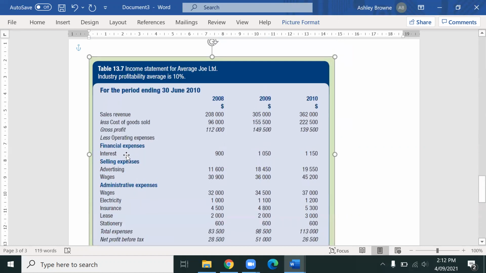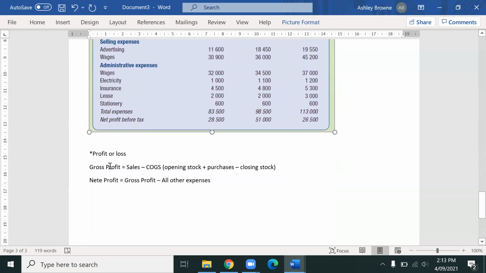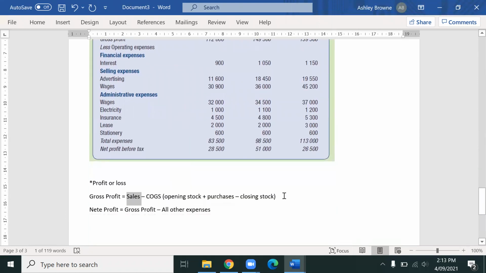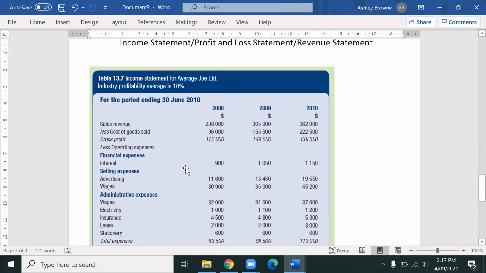So to figure out the first type of profit, which is called your gross profit, you simply need to do your sales, which is here, 208,000. So let's do this one for this one, 208,000 minus your COGS. Again, it did it for you. So for this one, you don't need to figure it out.